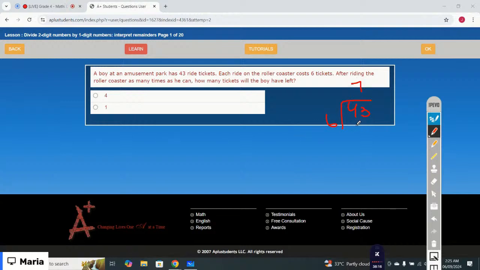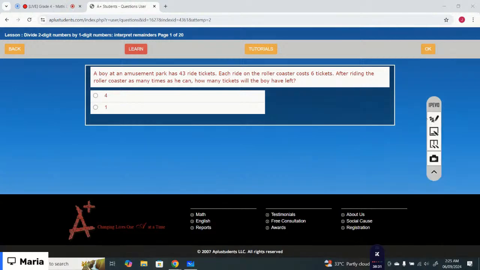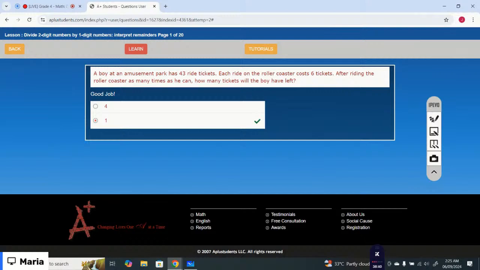So you can go 6 times 7. 6 times 7 is 42. So 43 take away 42 is 1. So you have the remainder 1. That means the boy, after doing the ride 7 times, is still left with 1 ticket. The correct option is 1. Option number 2 is the correct option. Got it? Very good. That is 1.